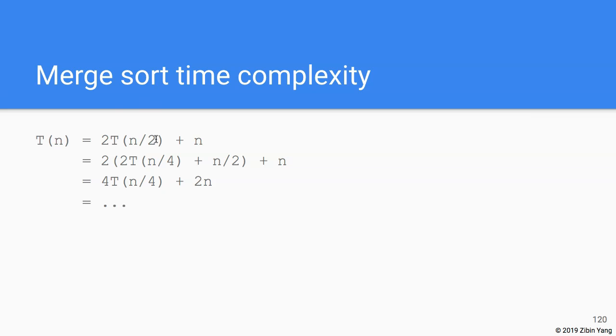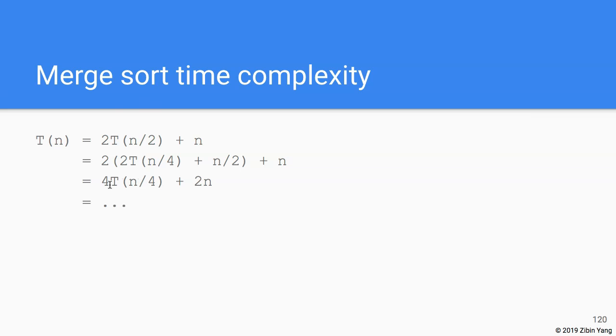And if we expand this part, then we actually get 2 times T of n over 4, because n is now n divided by 2, so that becomes n divided by 4, and n again is replaced with n divided by 2, and we keep the original terms. If we multiply things out of the parentheses and do a little bit of simple math, we end up with 4T of n divided by 4 plus 2n.